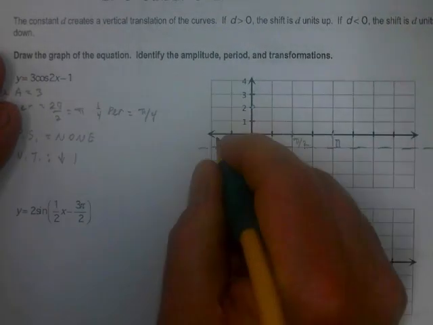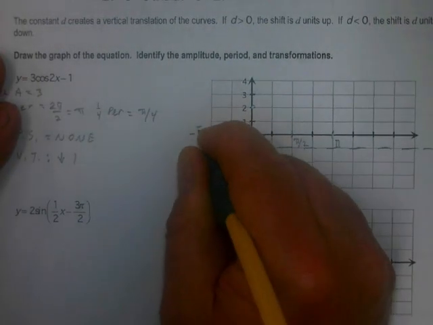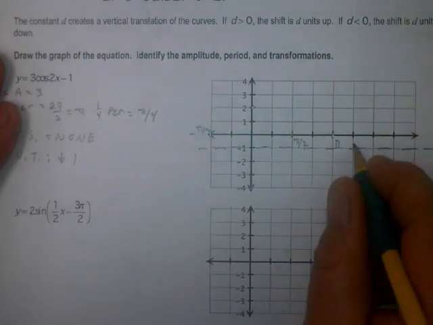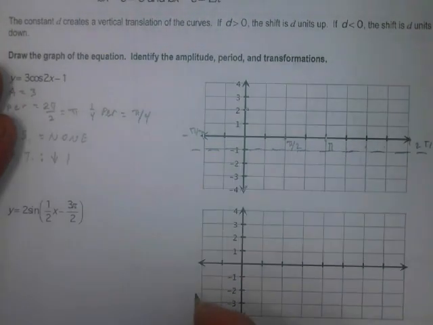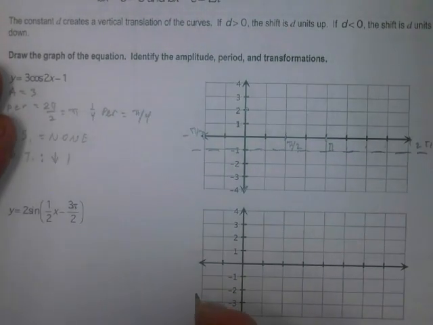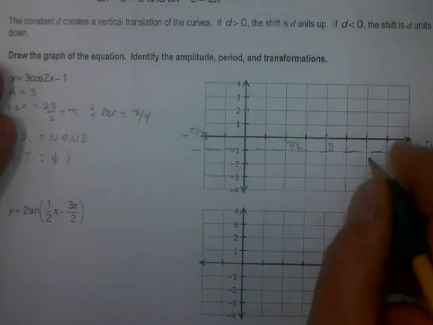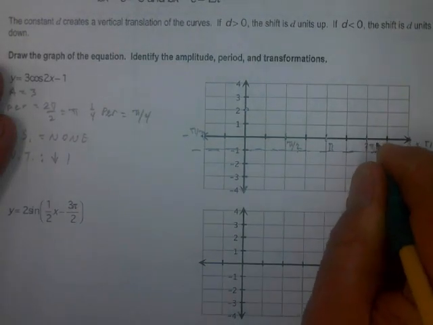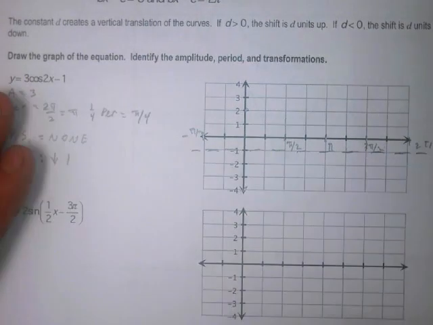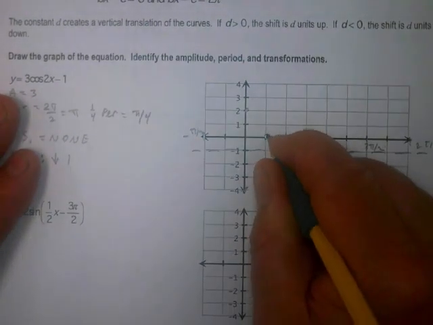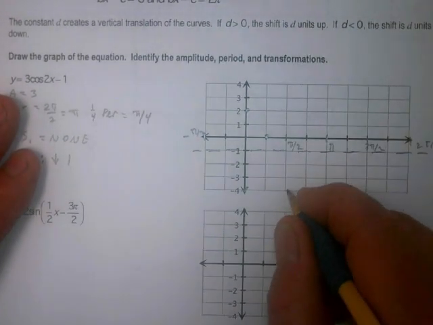1, 2, 3, 4. This represents pi, so this is pi over 2. This is going to be negative pi over 2. 1, 2, 3, 4. That's 2 pi. And this here is going to be 3 pi over 2. Okay?